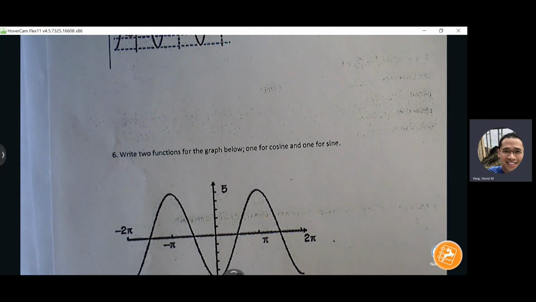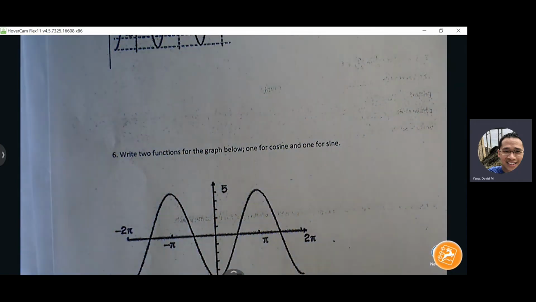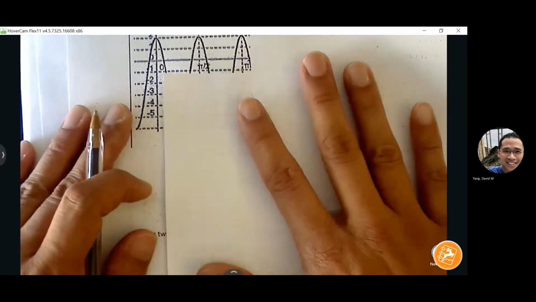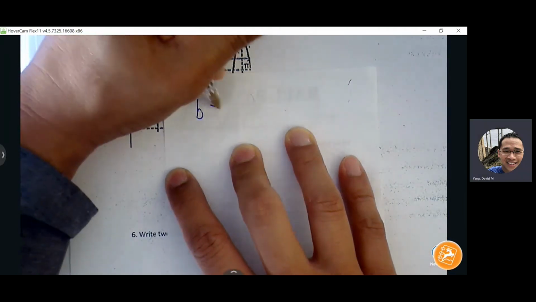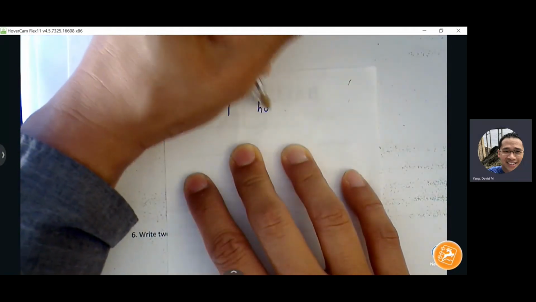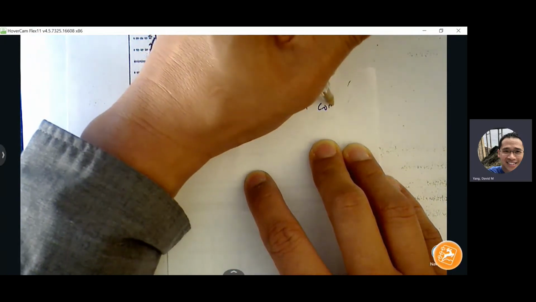What would be a horizontal stretch? If I ask you for transformations, you just have to look at that b value, right? If b is greater than 1, there's going to be a horizontal compression.